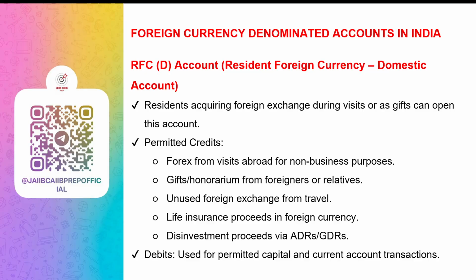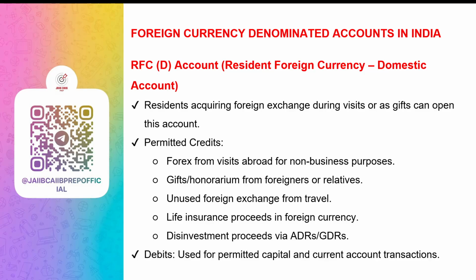You can deposit it into RFCD account, or you sold your shares and received money in foreign currency by converting them into ADRs or GDRs, or you receive insurance proceeds in foreign currency from an Indian insurance company. So in all these scenarios, credits can be made.